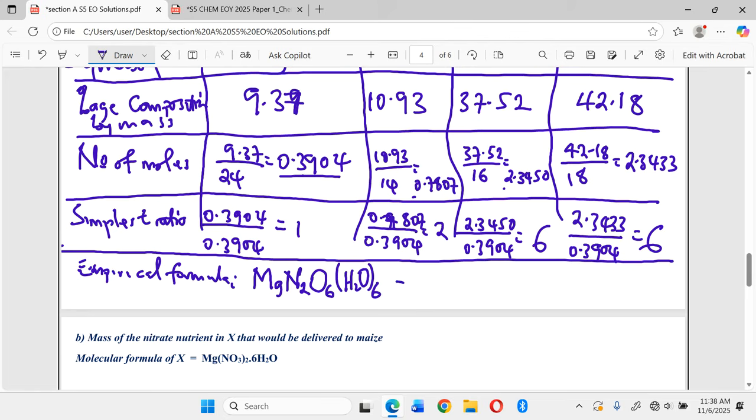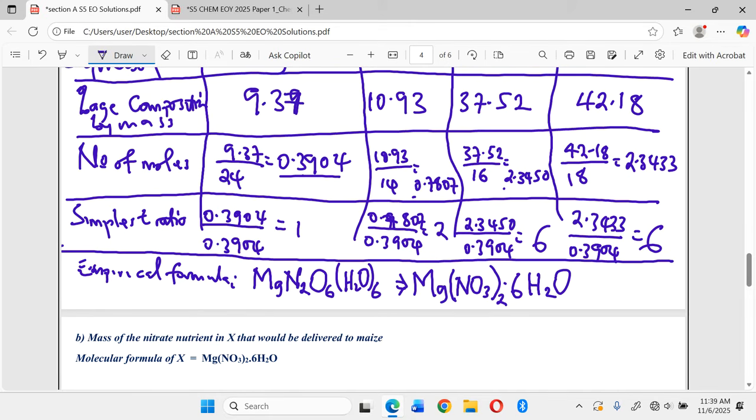So which means we can arrange it as A-level learners. We can see that that is magnesium. When we factorize a 2, we'll be having N, or 3, and this is water of crystallization. We normally write water of crystallization in that manner. So that becomes our empirical formula.